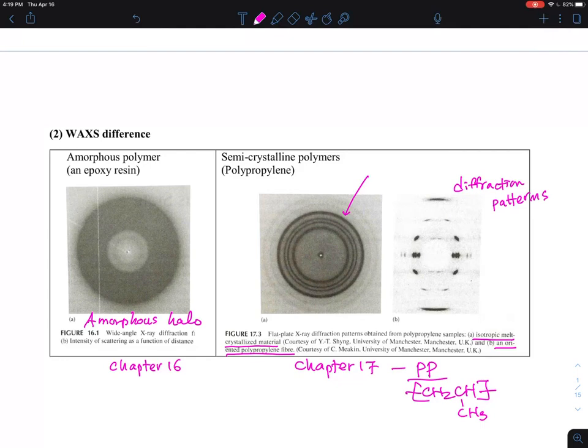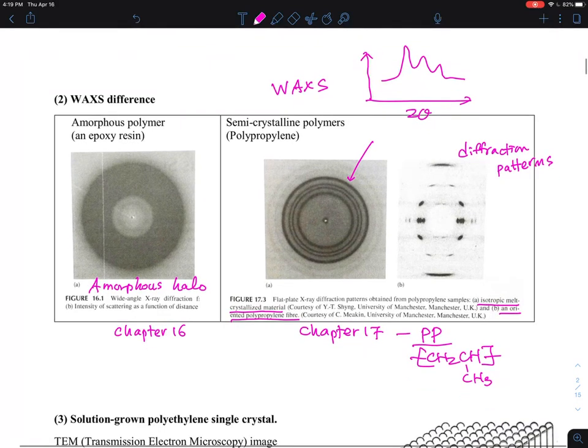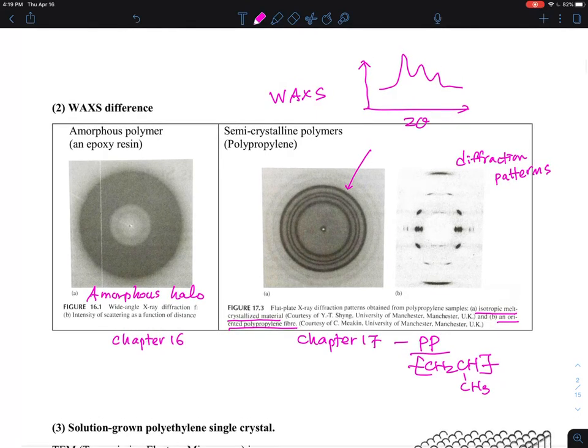And so it's a sharp peak. So when you plot the 2 theta over the intensity for the wide angle, you will see multiple peaks, from the small- and wide-angle X-ray scattering. So it is related to the crystal structures, and I'm going to go into the details on this. Okay.